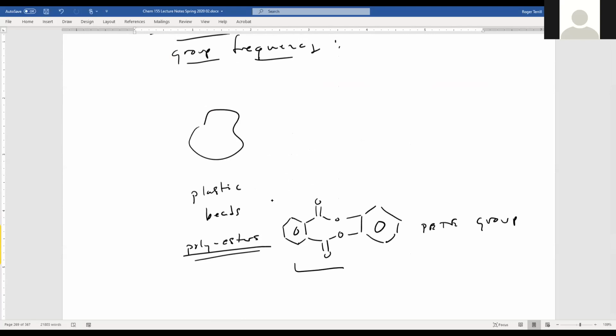And this has a characteristic absorption peak, right? And then the molecule that he was adding on here has a nitrile. It's a C triple bond N, right?